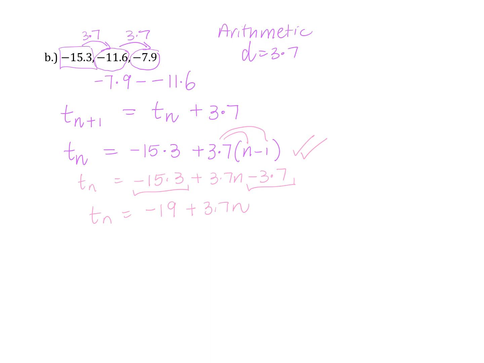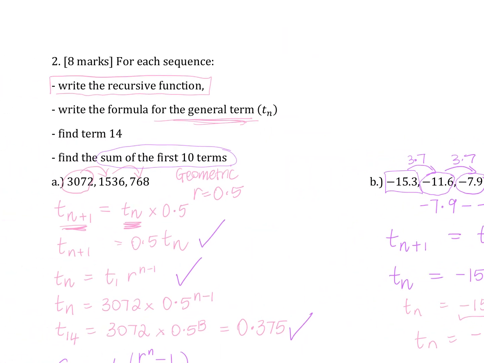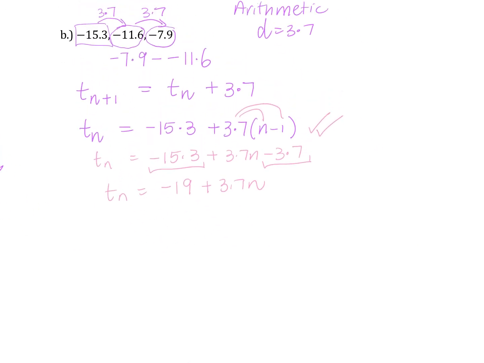Okay, next thing we're after is term 14. I'm just going to use this one here. Term 14 is term 1 plus the difference times n minus 1, term 14. 14 minus 1 is 13. Just type that in my calculator. And I get 32.8.